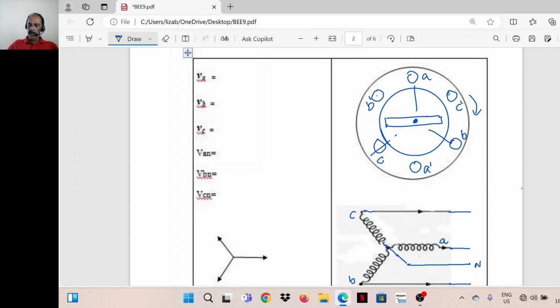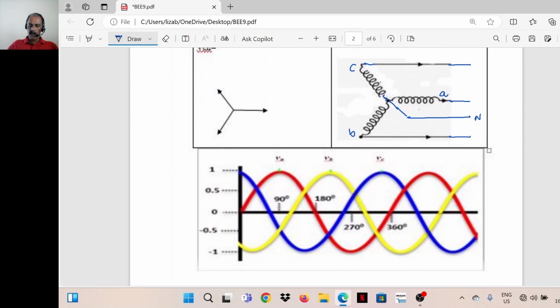Now at this point, the induced EMF in coil A is 0. This is the voltage induced in coil A, shown in red color. This is the voltage induced in coil B. This is the voltage induced in coil C. Red, yellow, and blue colors.